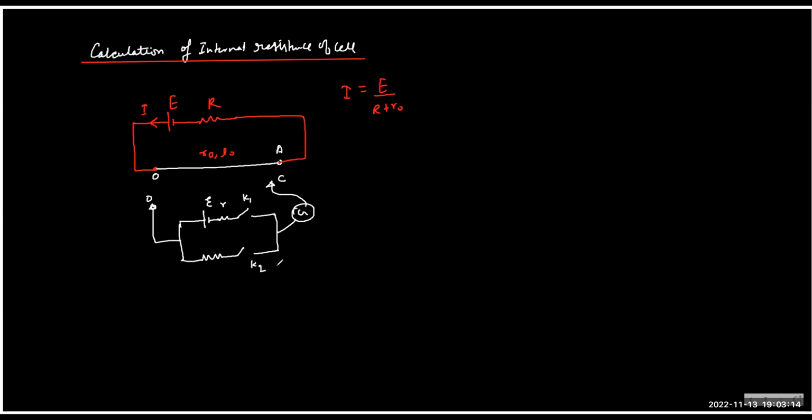Which EMF will it correspond to? If I close K1, case 1, then the null point will give you the E value, correct? Because the bottom branch will not be part of the circuit. So the EMF will be equal to K times L1, where L1 is the null point.